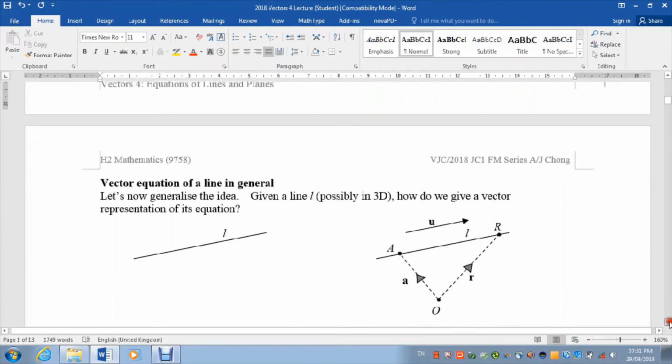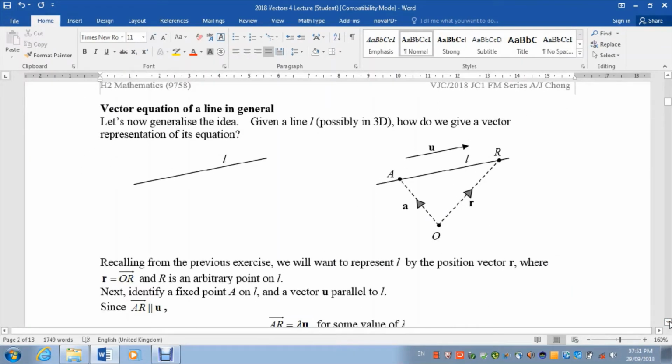Okay, so let us try to understand. Now, I'm going to call any point on the line R. So OR, or vector R, is going to represent the position vector of any point on the line.